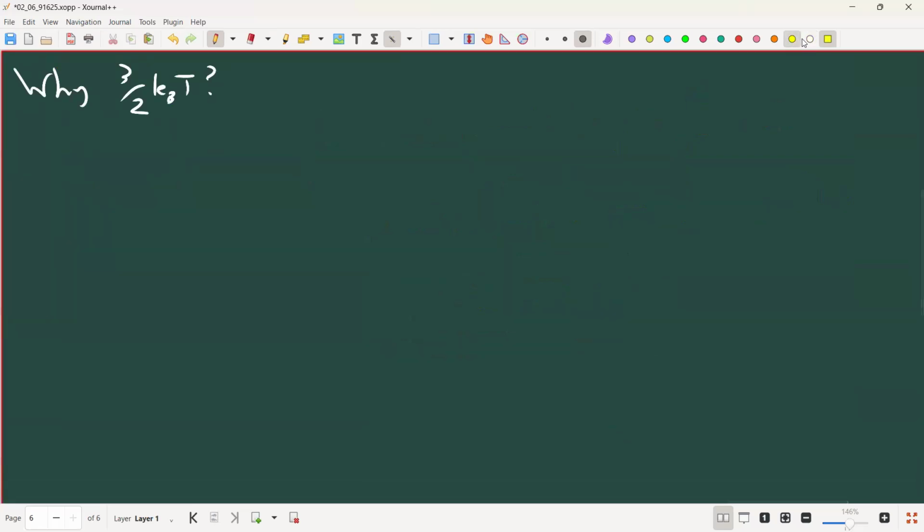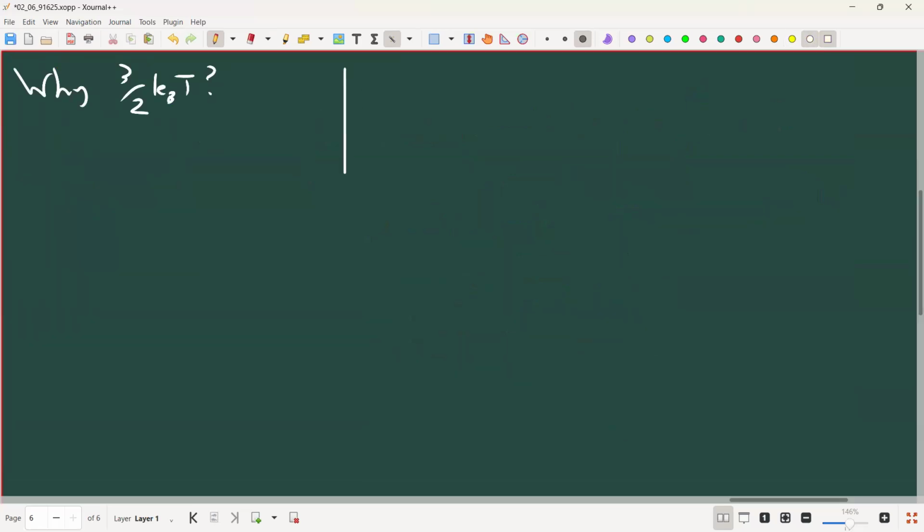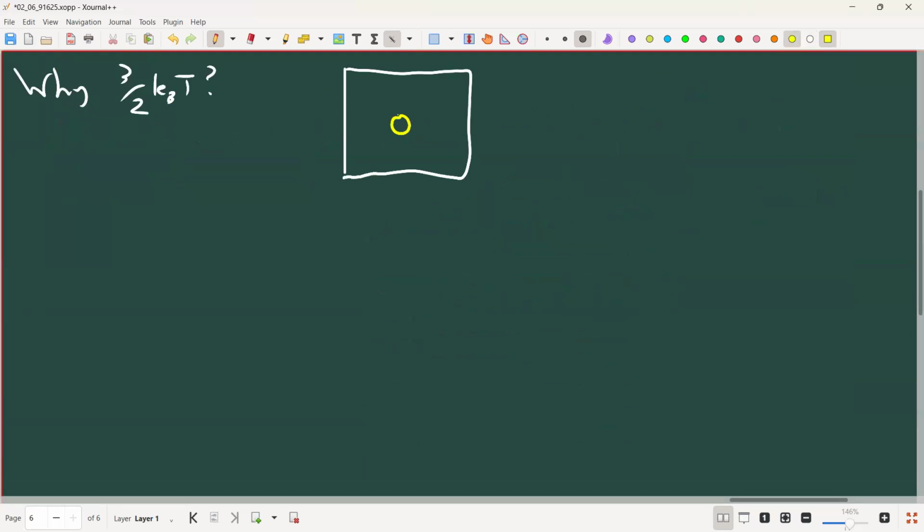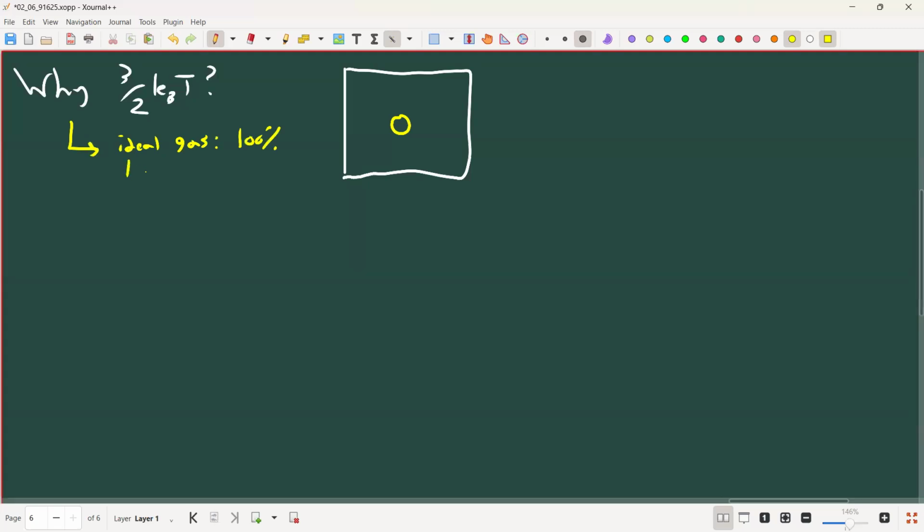Well, imagine now we have this box. I'm not going to draw it really complicated. We just have a box, and inside of there is an ideal gas particle. Here's one of our particles. Remember, in an ideal gas, the only type of energy we have is kinetic. No interactions.